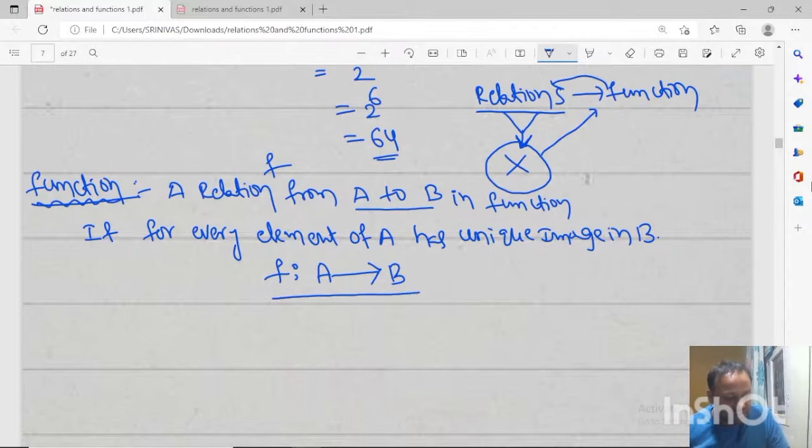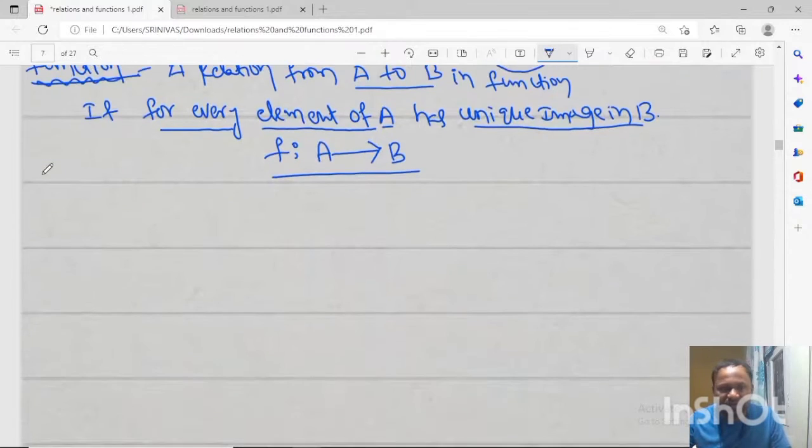So first I need a relation. A relation from A to B is called a function if it satisfies this condition: every element of A has a unique image in B. Now see, I will take the same previous example.